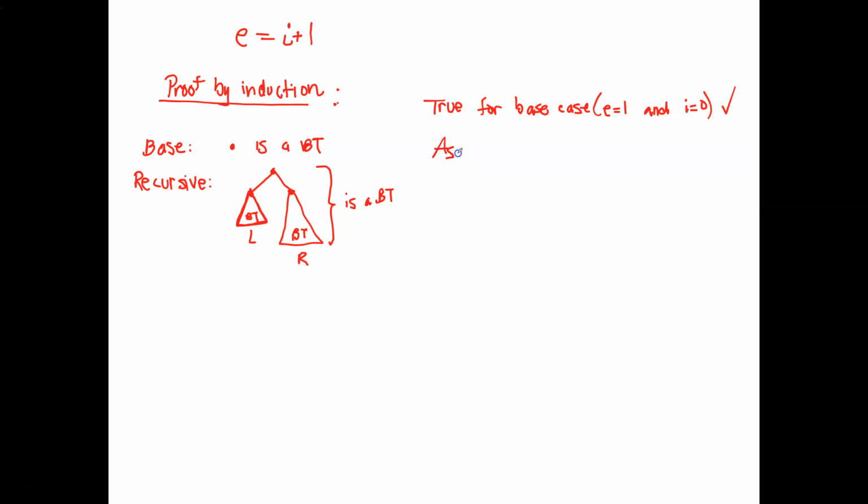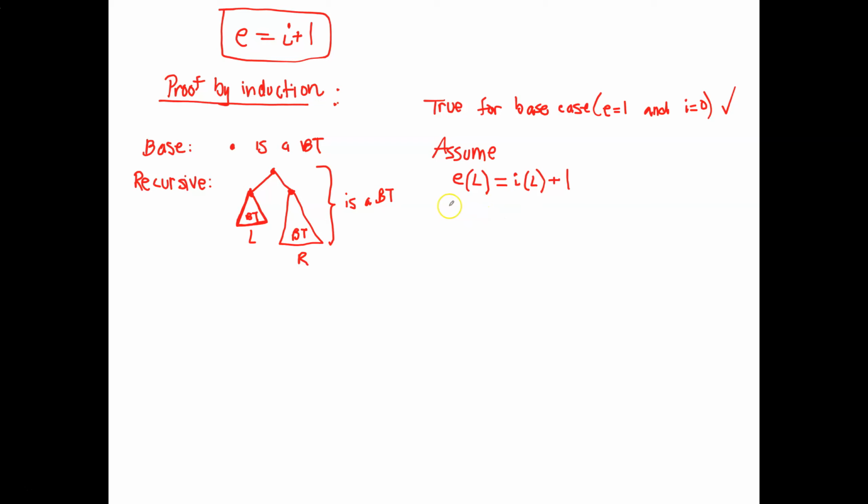We're going to assume that this property, what we want to show, holds already for the left subtree. That means that the number of external nodes in our left subtree is equal to the number of internal nodes in our left subtree, plus 1.